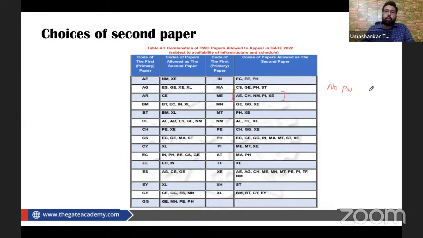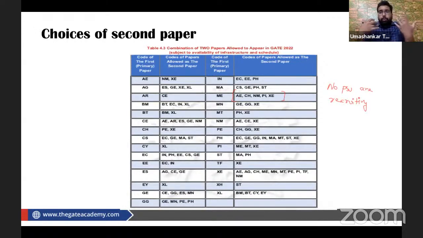Almost no PSUs are recruiting from these GATE papers. So if you are trying for PSU only, and that is your sole goal, there is no need of filling a second paper with the mechanical engineering paper. Let me get that straight to you, because no PSU, or a negligible number, is hiring on the basis of your GATE score from these branches or papers. Are you getting my point, beta?